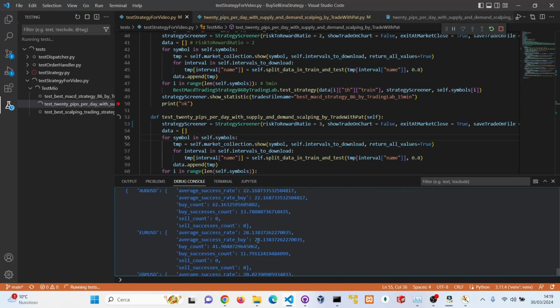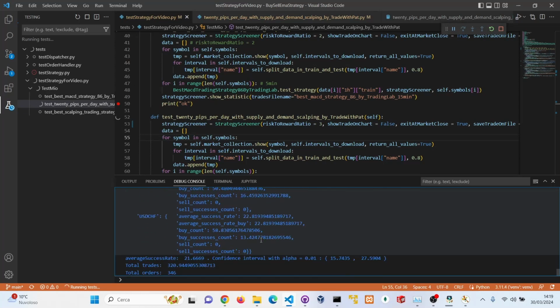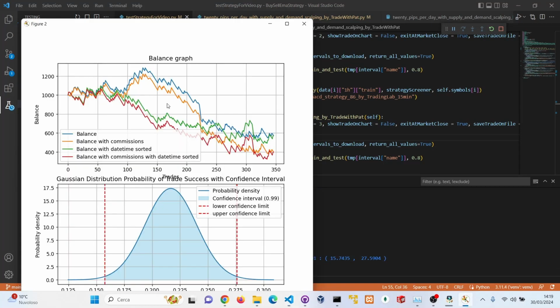But the number of trades again is very low, so the confidence interval doesn't allow us to say that this strategy is statistically profitable. This is the graph over the time period it was tested, also with commissions.